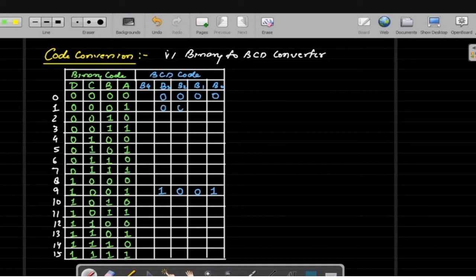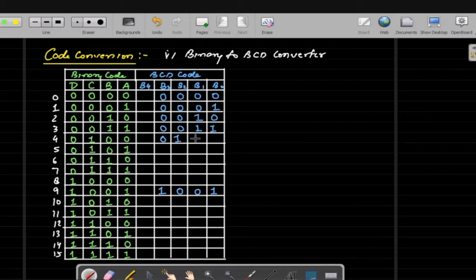This is 0 0 0 1, this is 0 0 1 0, 0 0 1 1, 0 1 0 0, 0 1 0 1, 0 1 1 0, 0 1 1 1, 1 0 0 0.